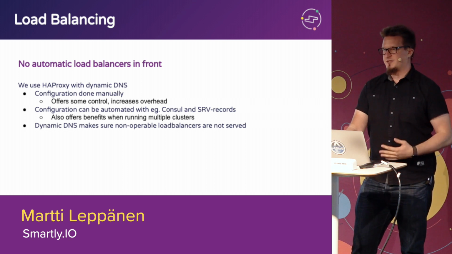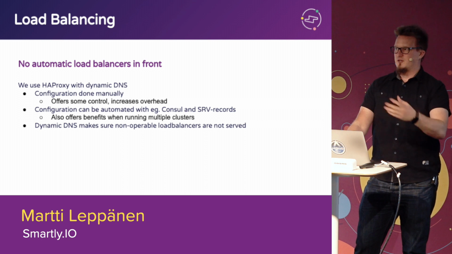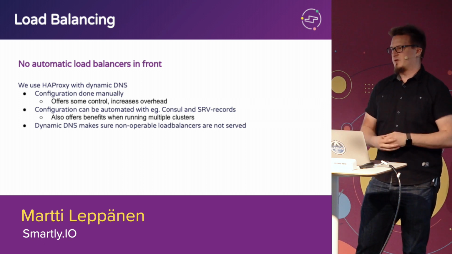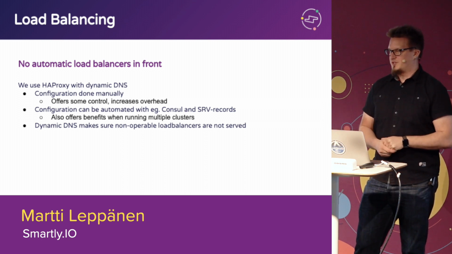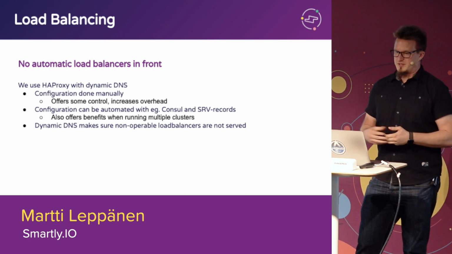And of course, HAProxy itself has health checks and does check that the kube server on the other side is also running. So if you lose an ingress node, for example, for whatever reason, HAProxy is able to disable that particular ingress server and then move the requests somewhere else.